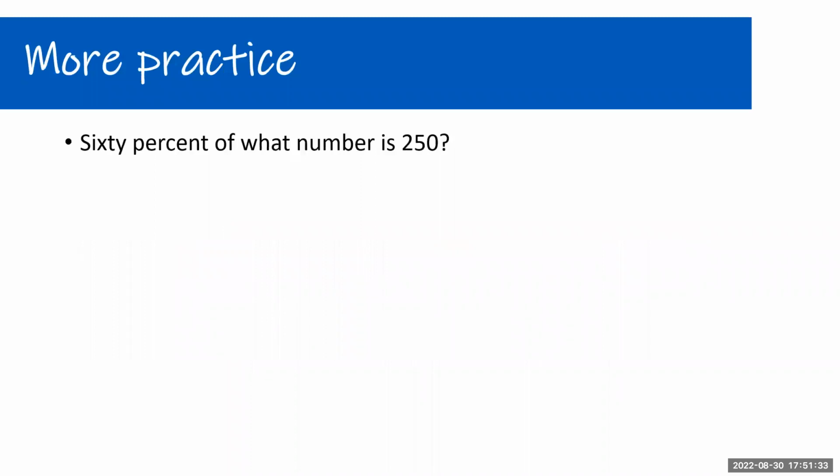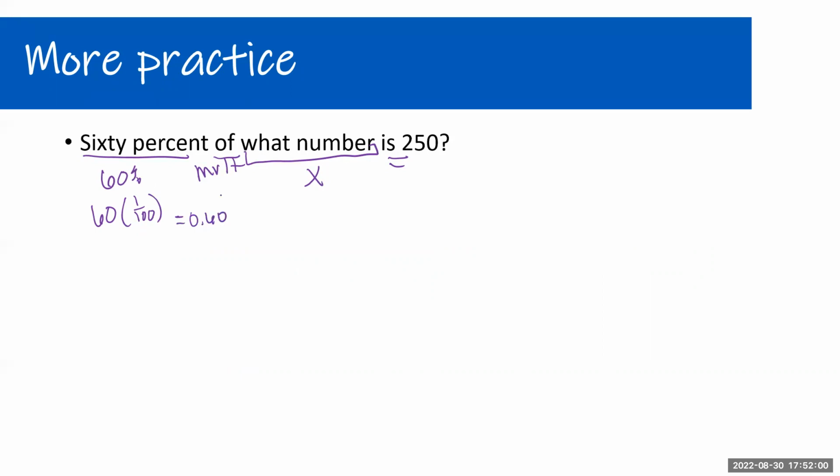Let's get even more practice. 60% of what number is 250? We're looking for this number, so we'll let that be X. Of means multiply. Is means equals. 60% is going to be 60 times 1 over 100. Or you can just think about it as 0.60. Okay?